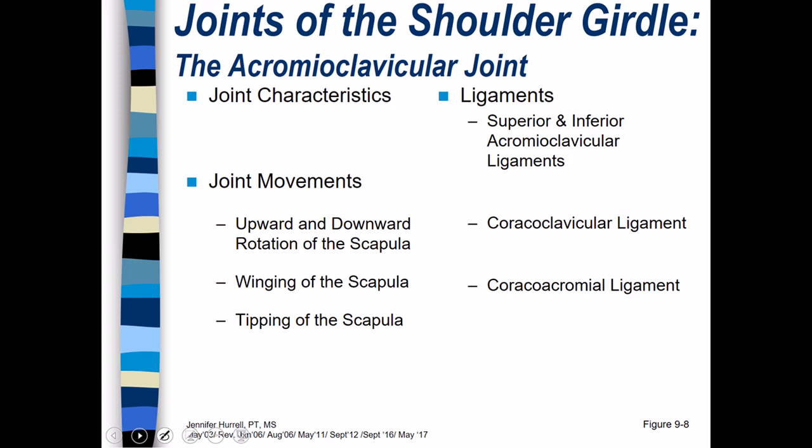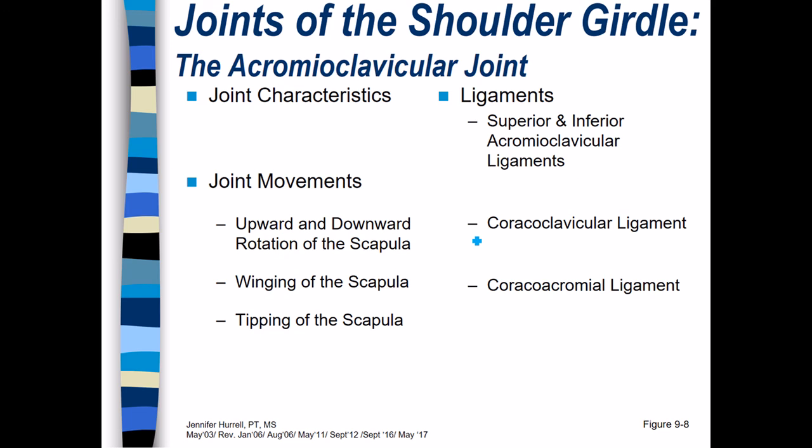And this one has a weaker joint capsule. So the joint capsule here is much weaker than it was at the SC. So we see a lot more shoulder separations here. When you hear the term shoulder separation, it's not referring to the glenohumeral joint. A shoulder separation happens at the AC joint here.